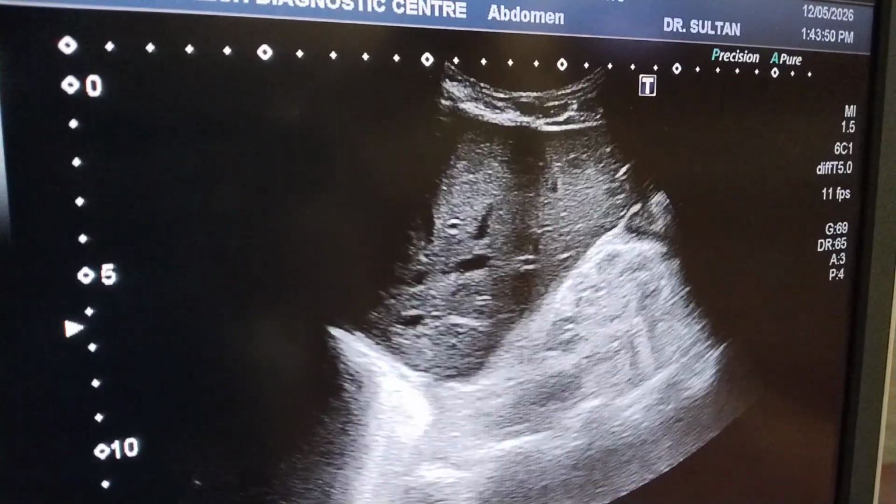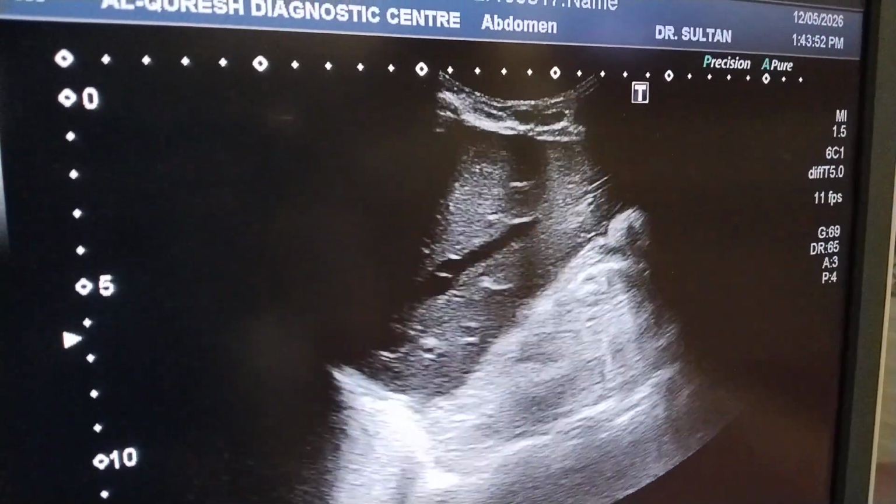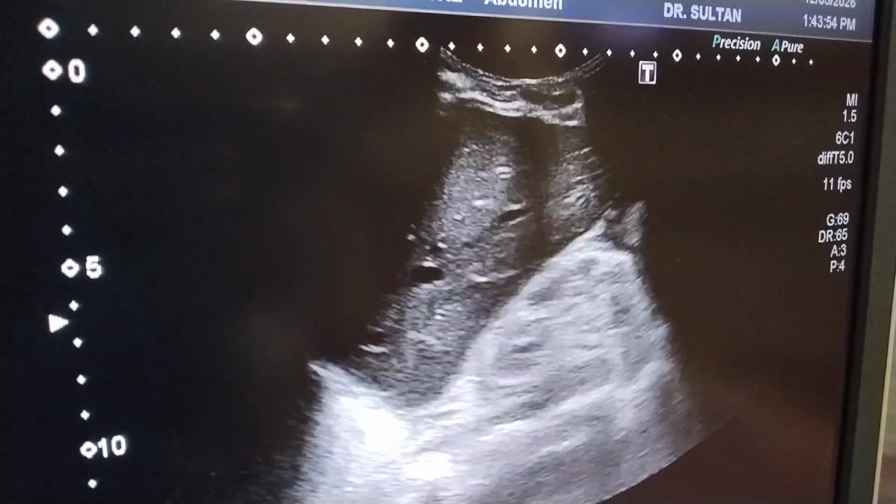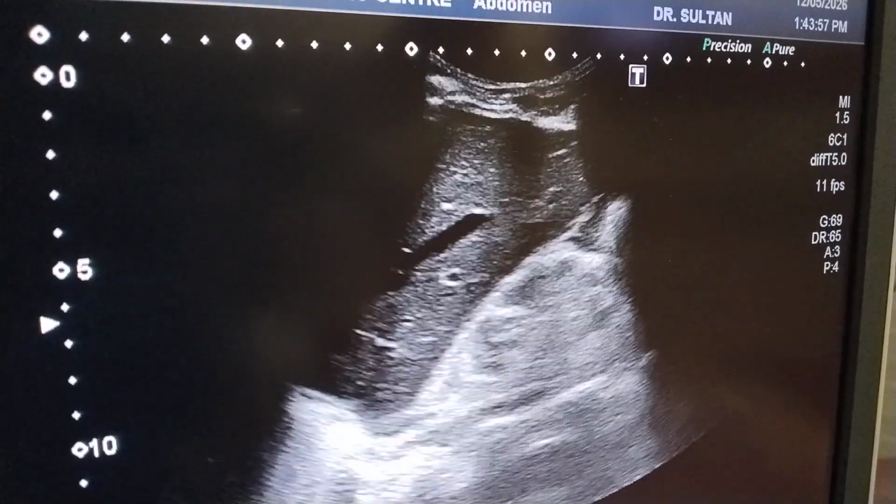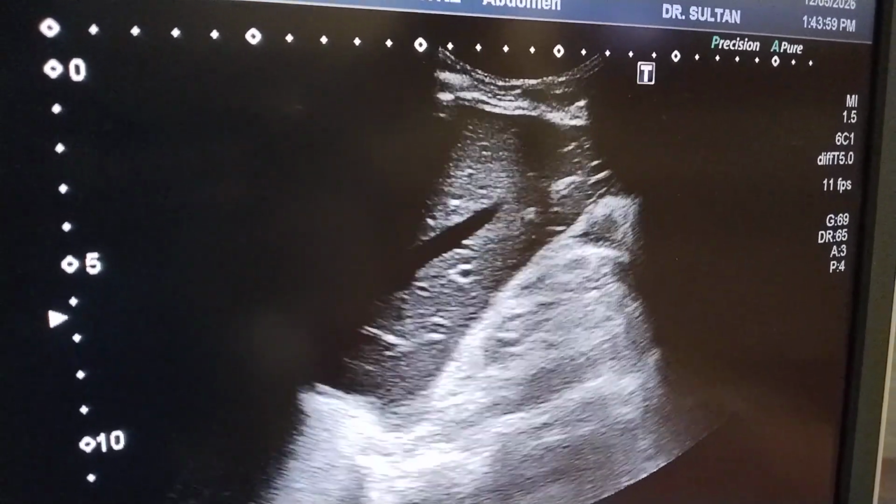Look here, this echogenic line is involving the cortex of the right kidney, which is small in size.